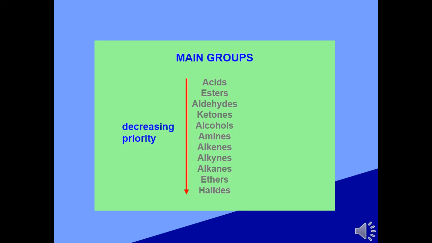Main groups, decreasing priority: first is acid, ester, aldehyde, ketone, alcohol, amine, alkene, alkyne, ether, halide.